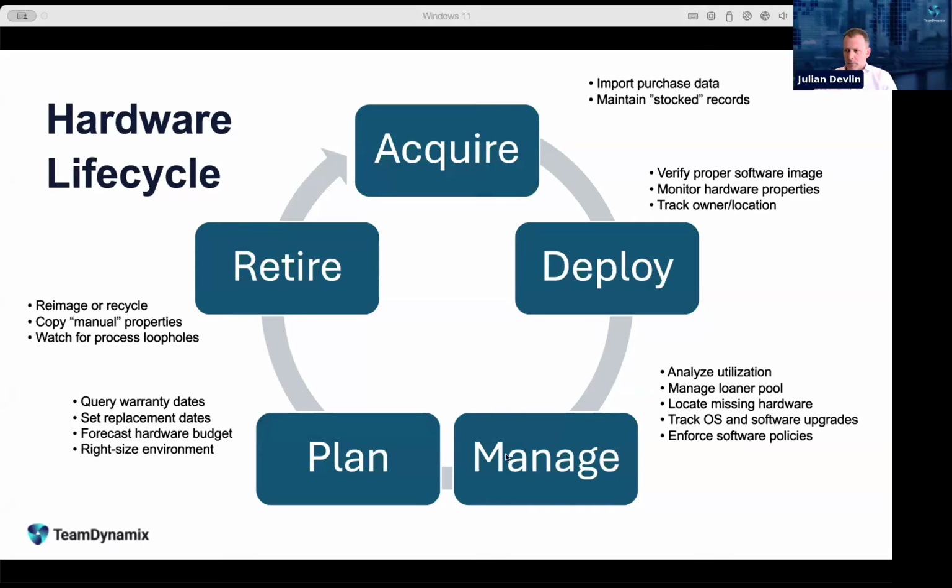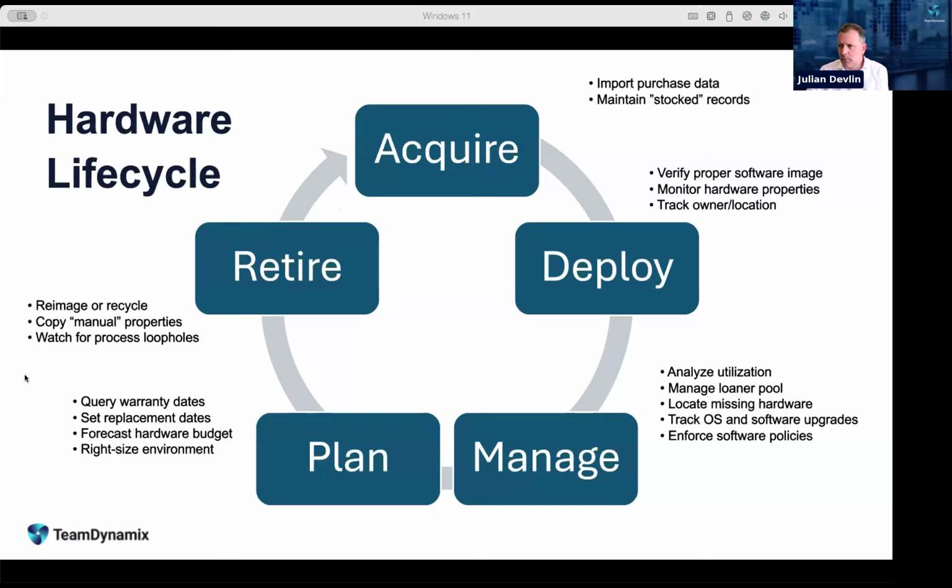While they are deployed in use, you need to manage them in certain ways to make sure that they're being used well. And then even before you retire them, you'll start to plan for that retirement. So plan what you need to do with them next. And then ultimately they will get retired. Maybe they'll be redeployed. Maybe you'll start to acquire new computers and the cycle starts again.